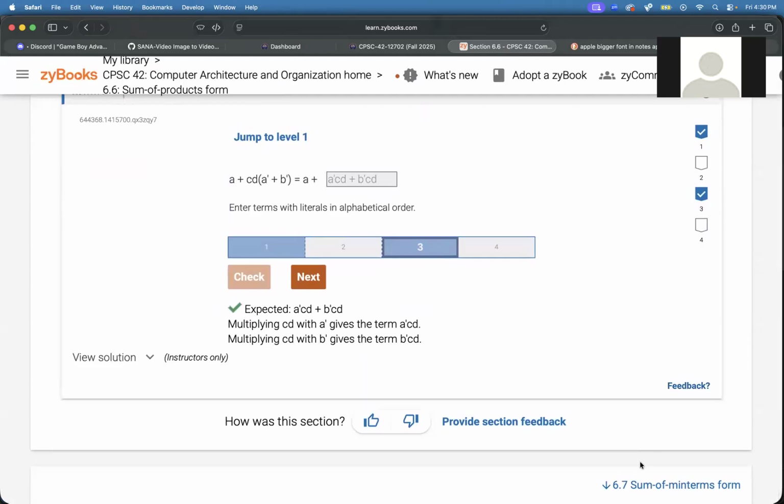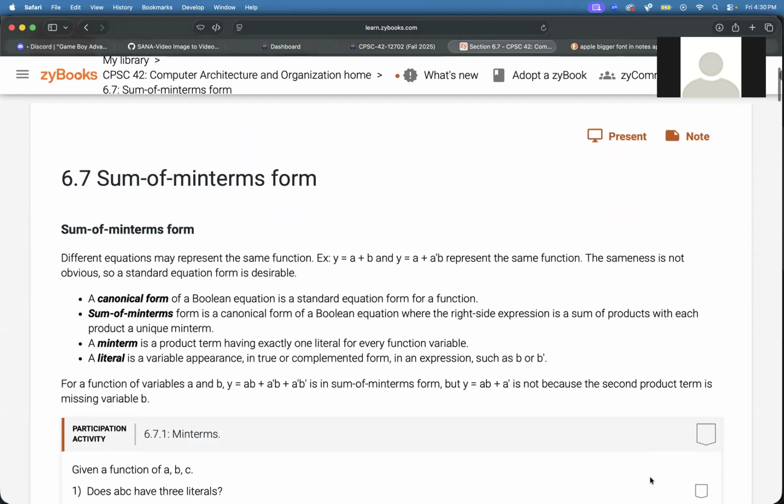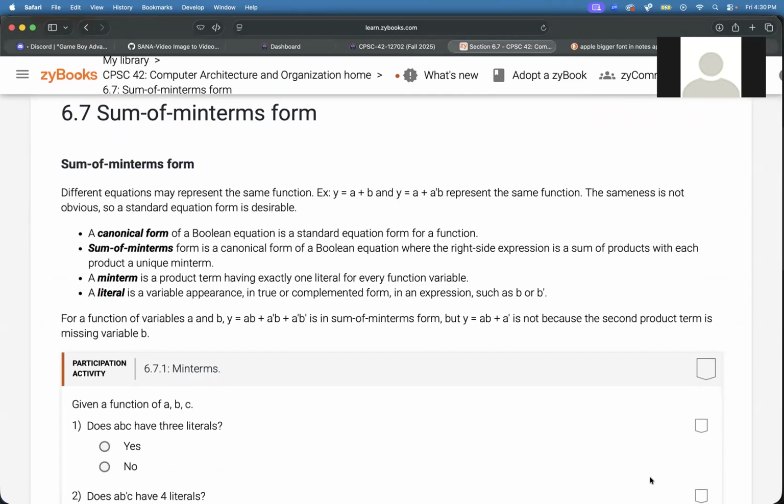Let's go to the next section. Sum of min terms. Those min terms are basically going to be the products from the previous section. So different equations may represent the same function, like A plus B and A plus not A B is the same function.